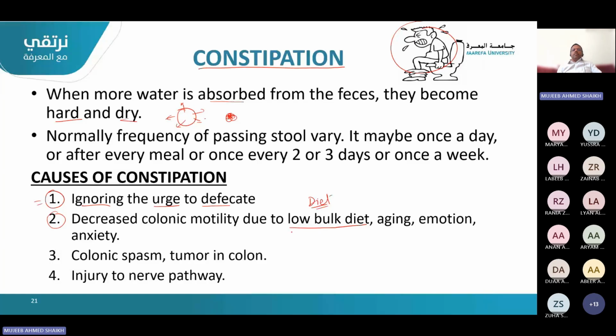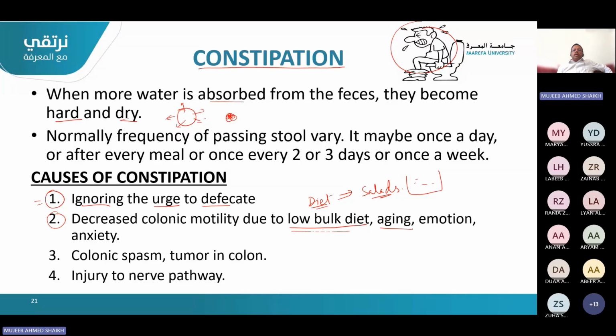So the bulk of the stool or the chyme becomes less, and it is difficult to stretch the muscles and initiate the defecation reflex. For that, people say when you are dieting, you have to take a lot of salads, okay, because it will make the meal big and you will have bulk for the passage of the stool.